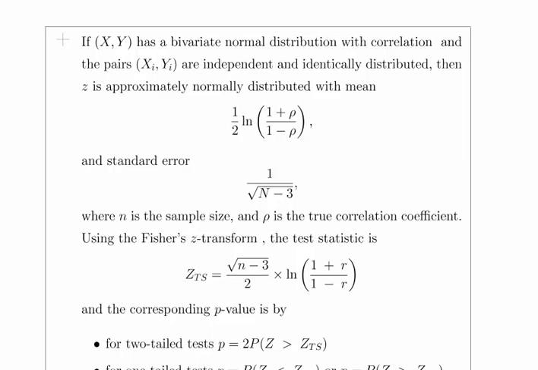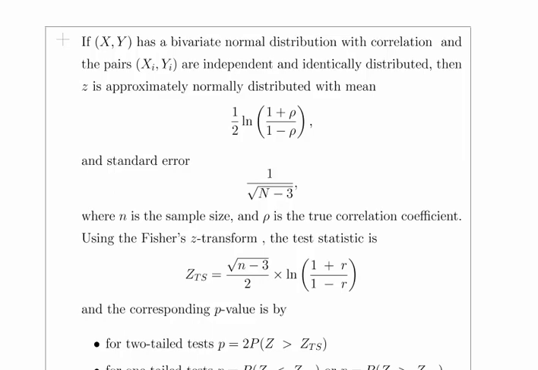If we have a pair of variables with a bivariate normal distribution with correlation rho, and the pairs are identically distributed, then Z is approximately normally distributed with mean 1/2 of log of 1 plus rho divided by 1 minus rho, and the standard error is given as 1 over the square root of n minus 3.